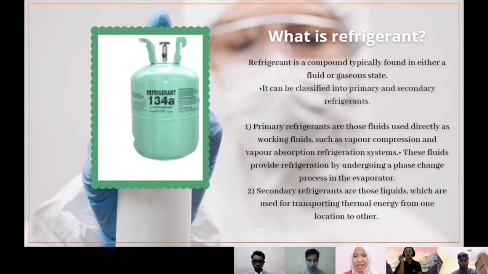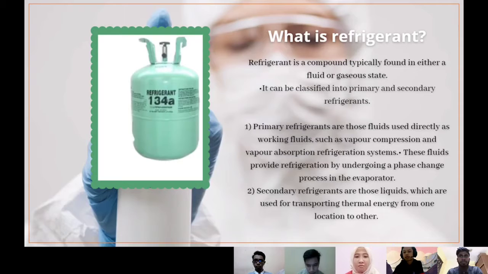Okay, students, what is refrigerant? Refrigerant is a compound typically found in either a fluid or gaseous state. It can be classified into two types. The first one is primary refrigerant, a fluid used directly as a working fluid, such as in vapor compression and vapor absorption refrigeration systems.